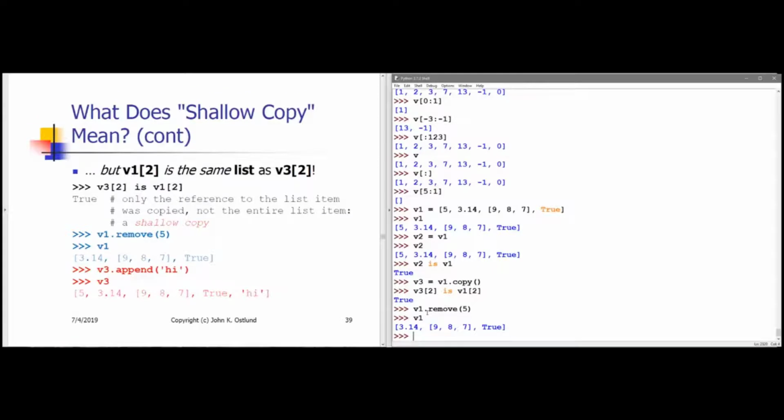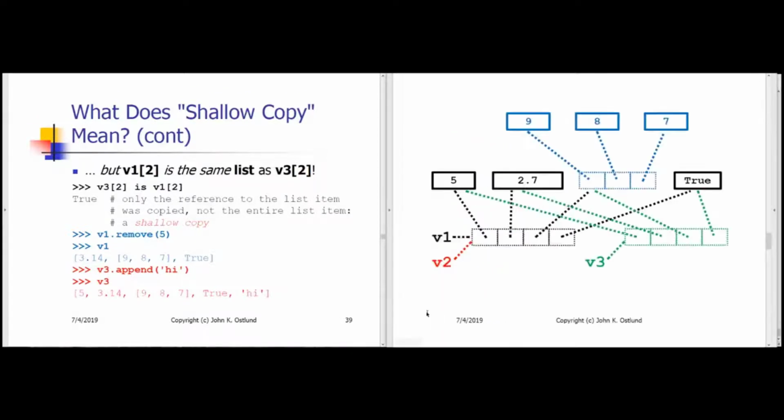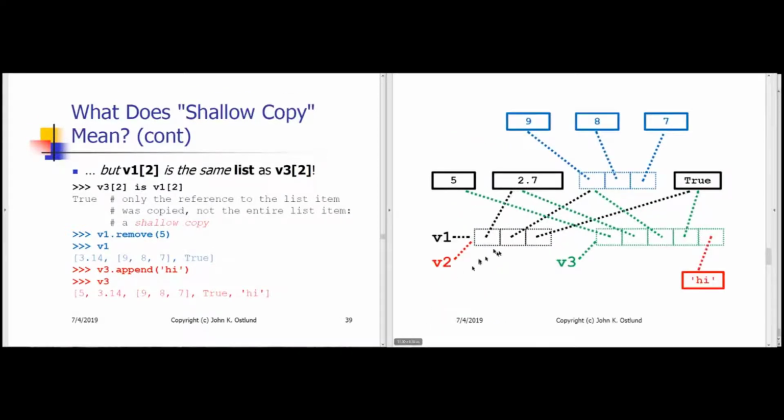What's happening in memory is this. v1 has been modified. Its first item has been removed, and so v1 no longer has a reference to the 5. v1 now just has a reference to the 3.14 and to the list 9, 8, 7 and to the value true. But that did not modify v3 because v3 was a shallow copy of the original v1, so v3 still has its reference to 5.